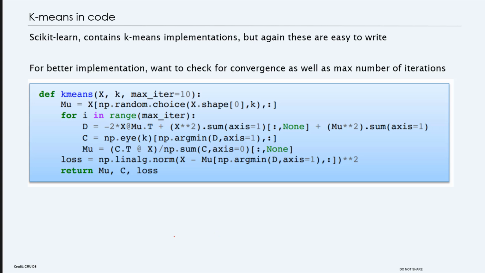And you can implement k-means using x as the matrix of all the observations. So here x is a matrix, and k is the number of clusters you choose, and this one says you can iterate 10 times. I won't go into the details here, but you can see that the idea of this is to minimize this quantity here.